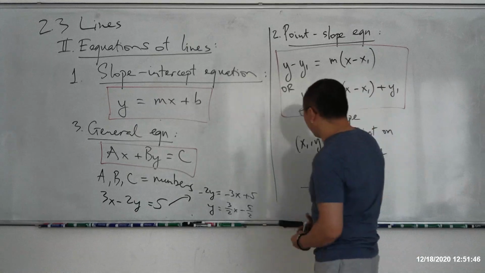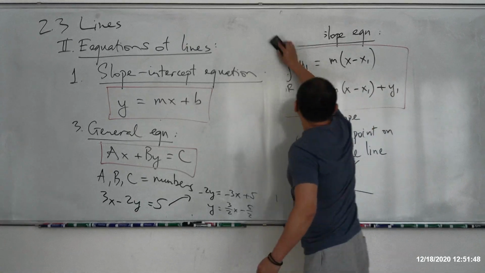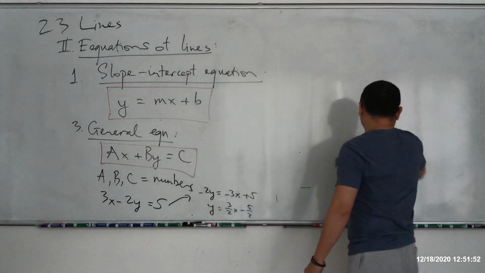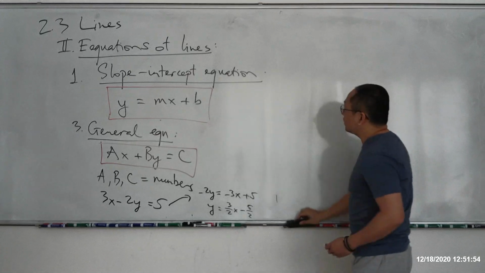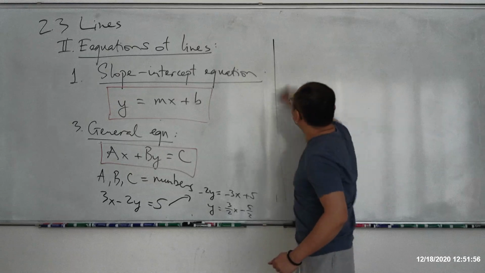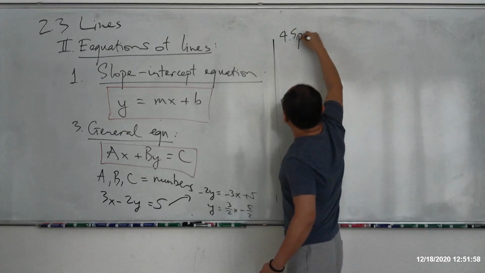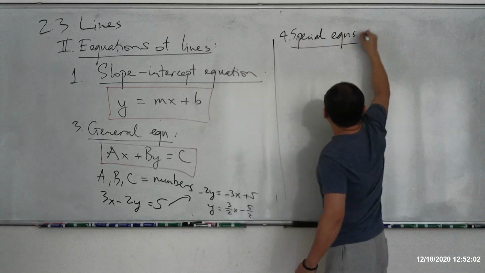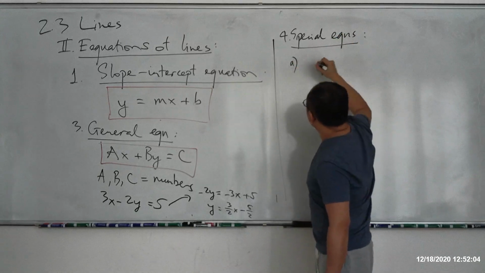Next, let me talk about some special equations for the line. Actually, it's just among those three, but it's kind of special. We have two types of special equations. First of all, the horizontal line.